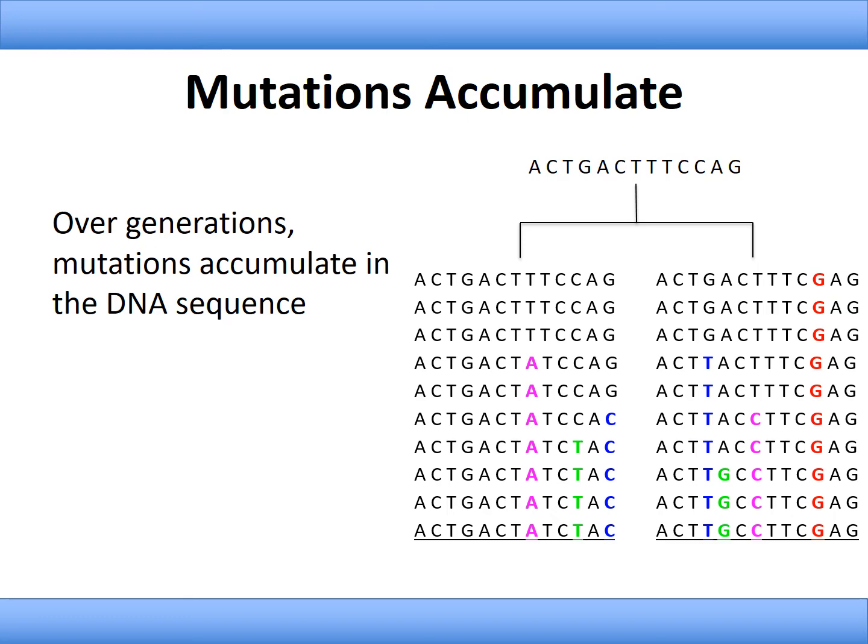And we see that, for instance, the ACT at the beginning of the sequence matches in both lineages and it matches the ancestor. So if we collected genetic evidence, like from a blood draw of animals alive today, and they have a bunch of DNA bits that are identical, we think that they're probably closely related species.